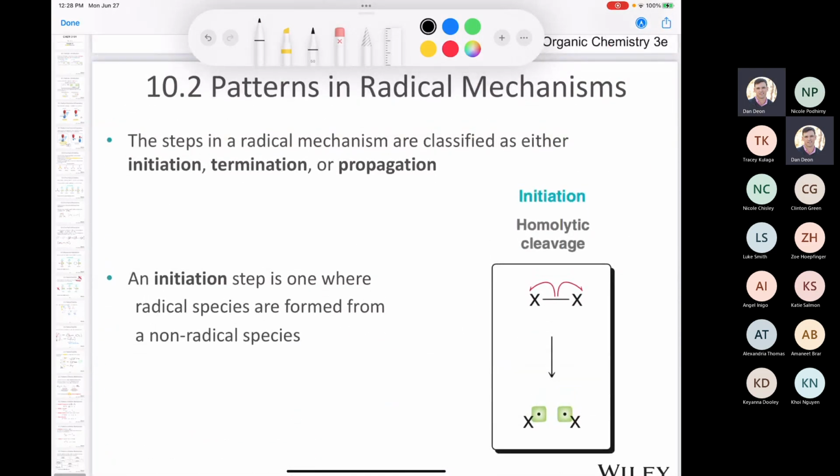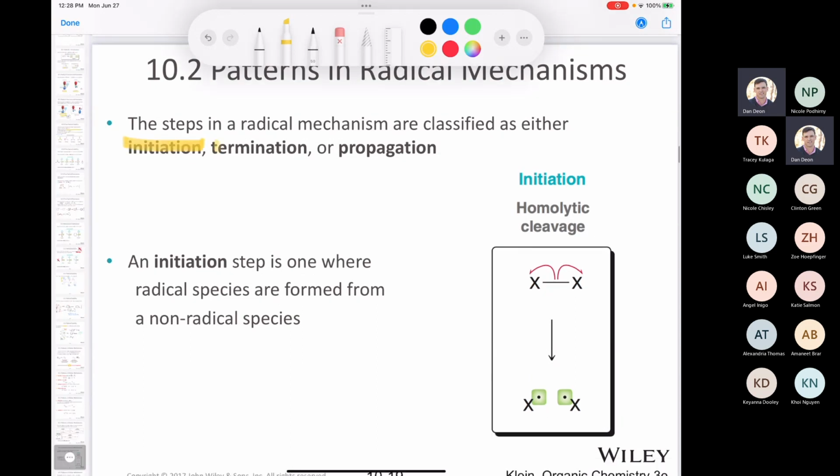Okay, the steps in the radical mechanism, those 6 steps that we looked at, those can also be classified according to these 3 terms. We can call them either an initiation, a termination, or a propagation radical mechanism step. These are what we're going to talk about all the time: initiation, termination, or propagation.